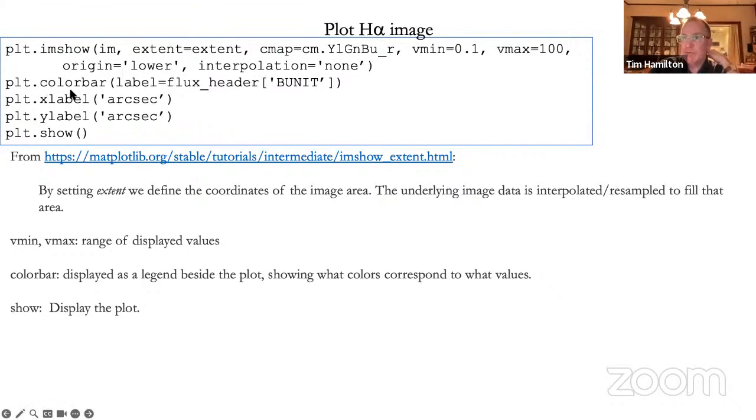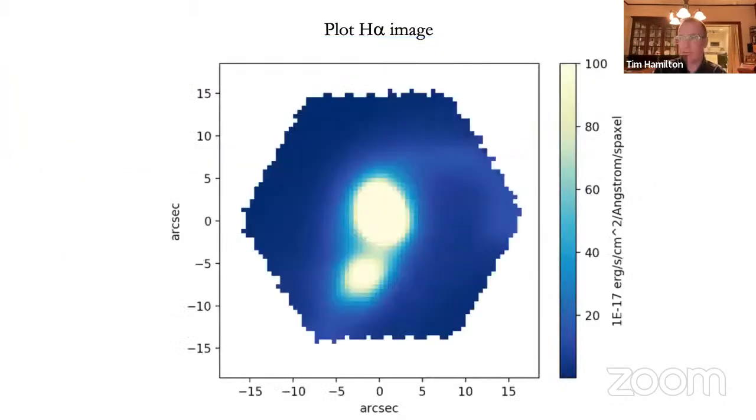Okay, we're able to display a color bar on the right-hand side that'll go along with a legend, and it will show us what colors correspond to what image values. And we can pull the label for that in from the brightness unit keyword in the FITS file. We can label the X and Y axes in arc seconds, and now we put plt.show, and up it comes, and here's what it looks like.